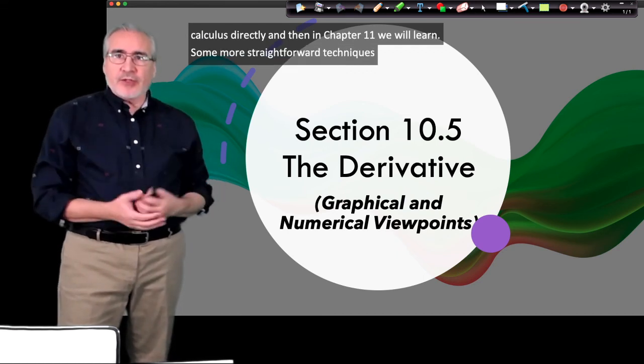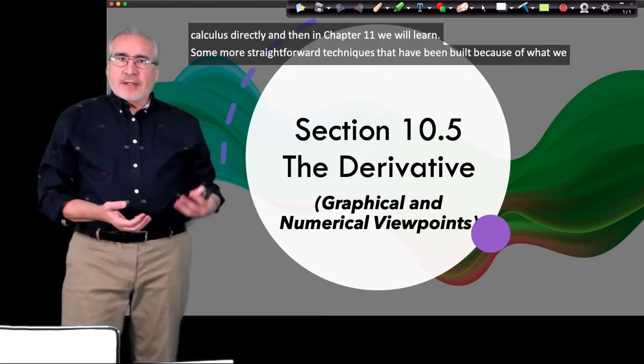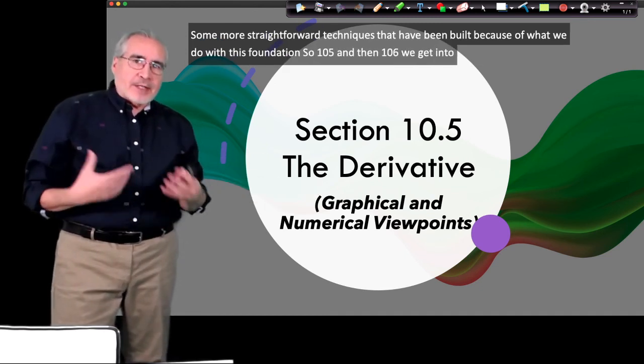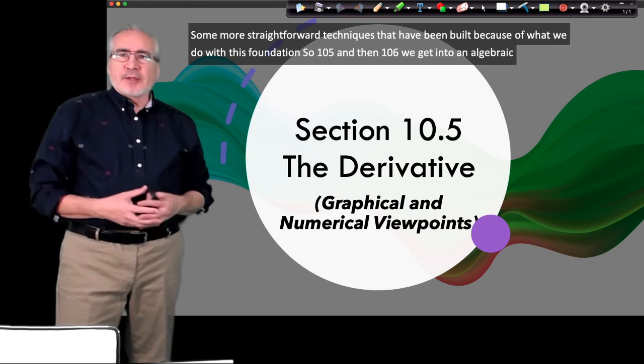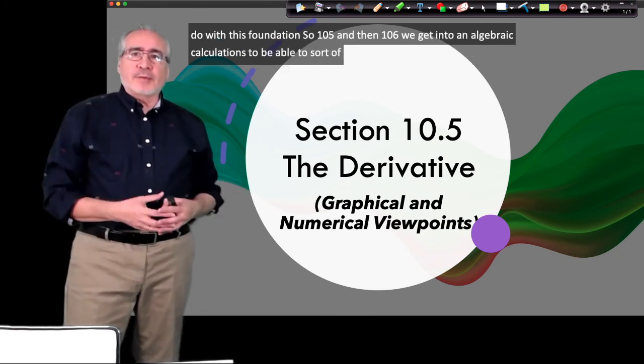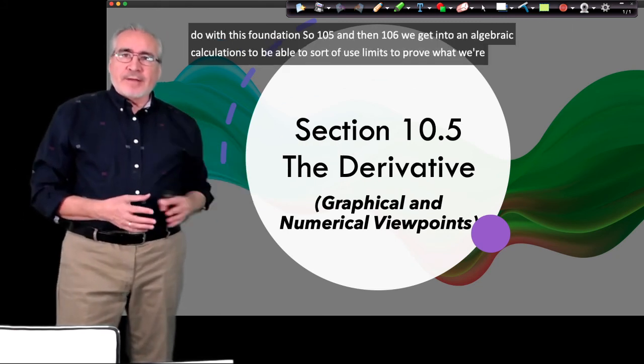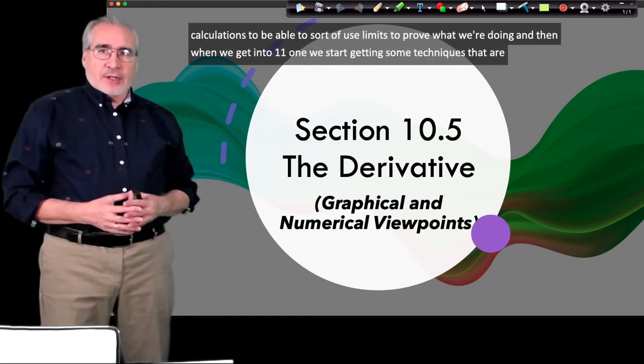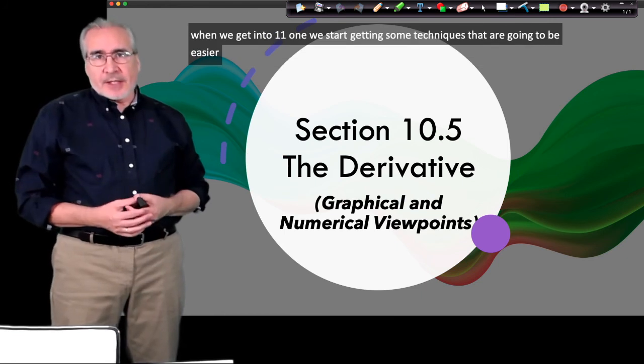do with this foundation. So 10.5 and then 10.6, we get into algebraic calculations to be able to use limits to prove what we're doing. And then when we get into 11.1, we start getting some techniques that are going to be easier to do and get the derivative.